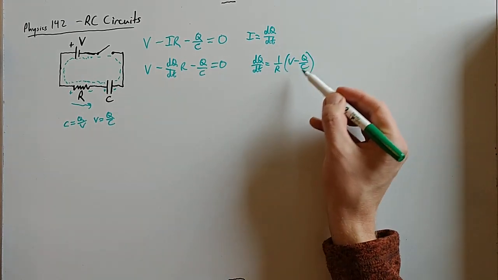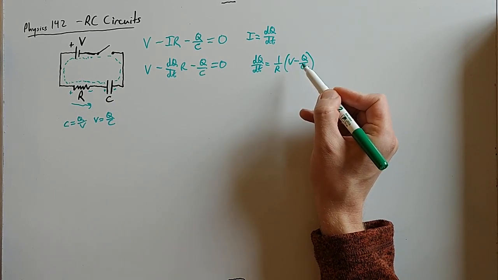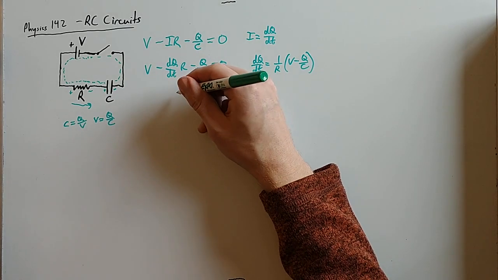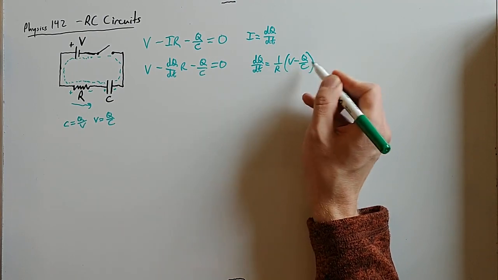So if you go ahead and solve this differential equation, you end up getting the following answer, and I'll write it down. It ends up having an exponential in it, but there are two terms.